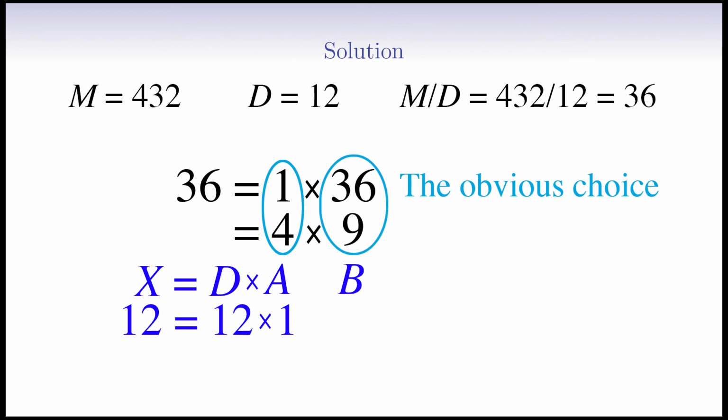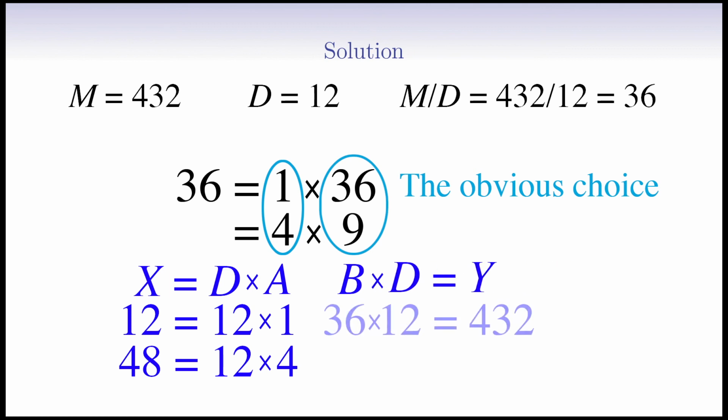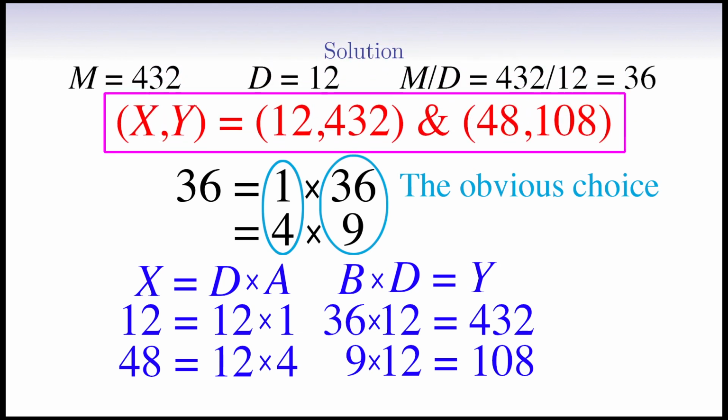This is the obvious solution of the greatest common divisor, and the second solution is 12 multiplied by 4, which is 48. Similarly, since y is equal to d multiplied by b, the first solution for y is 12 multiplied by 36, which is 432. This is the obvious solution of the least common multiple, and the second solution is 12 multiplied by 9, which is 108. Here we go. These are the two sets of solutions for x and y.